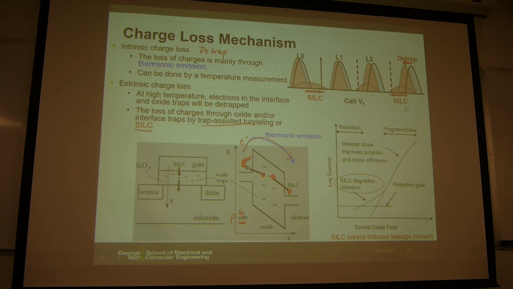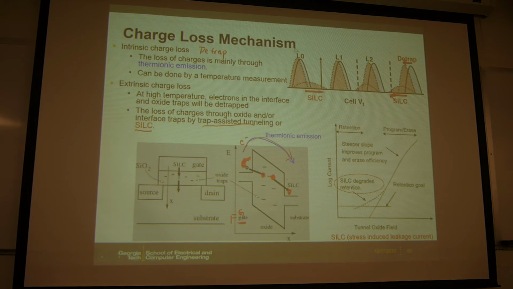But for the SILC, the change to the distribution of the threshold voltage depends on the polarity of the, let's say, the voltage. For example, here for the program state, the SILC tends to decrease the threshold voltage. This is because for the program state, you have electrons in the floating gate, so the electrons will leak through this tunneling path. So then the threshold voltage will decrease.